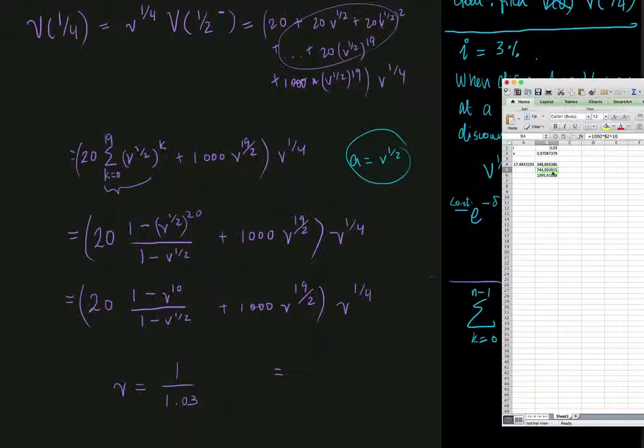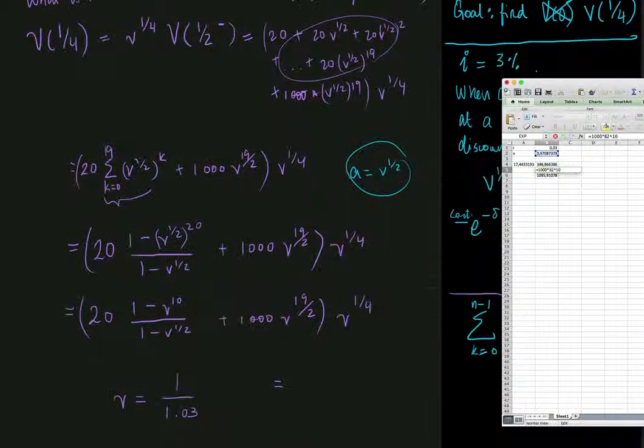And then over here I have, well, this is very slightly wrong. I want 1,000 multiplied by v to the 19/2, as such. It's because I was playing around with some formulas before this.